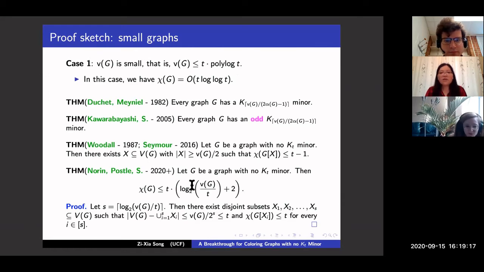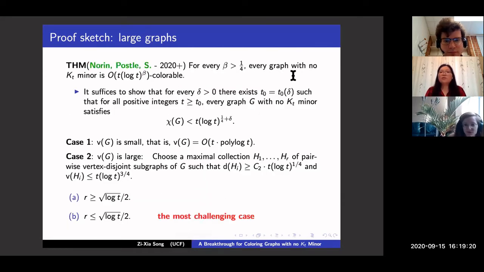Okay, now what about the larger graphs? What do you do about the larger graphs? We choose a maximum collection of subgraphs, H1 through HR. They are all pairwise vertex disjoint, satisfy the density condition that each Hi has density at least this, and the number of vertices is relatively small.